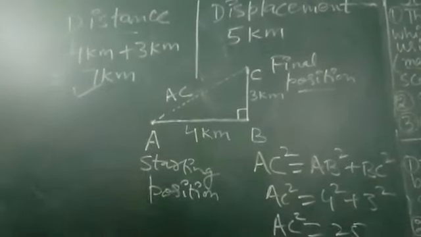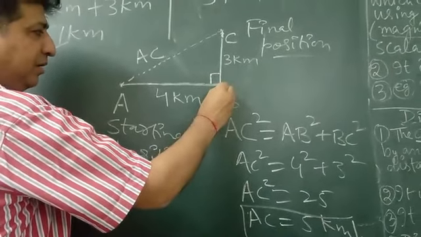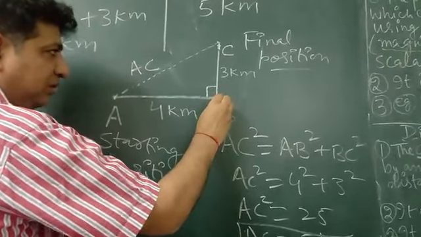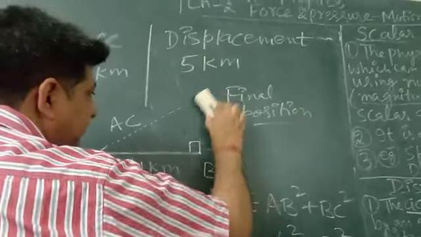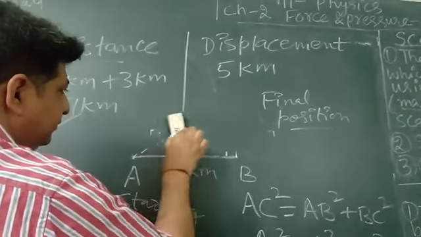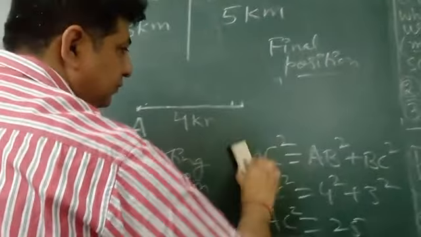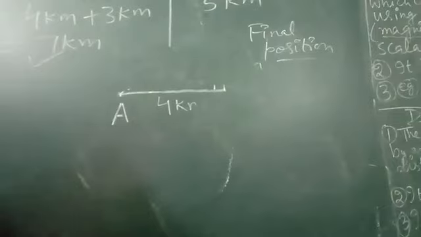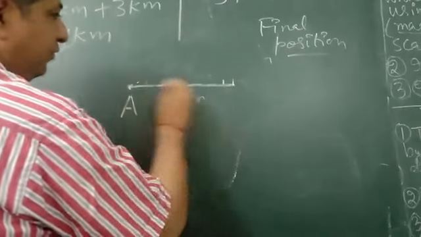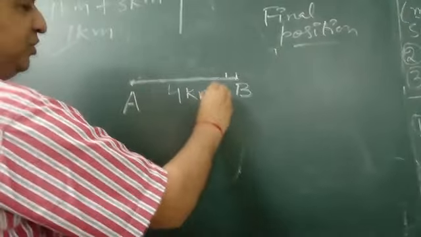And as I told you, if we start from A and we reach B, and at this position there is no C, we started off from A, we reached B, which is 4 km.